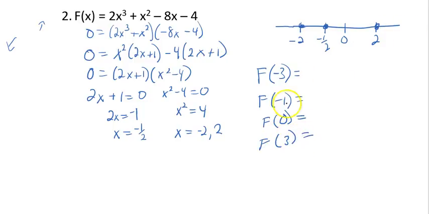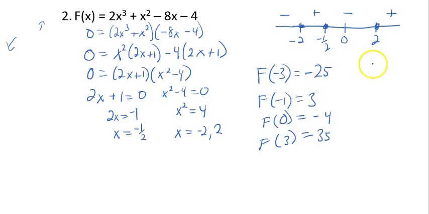I always like to choose easy numbers, but you can choose any number in that section. You could have chosen 1 in this -1/2 to 2 range. Okay, when I plug those in, I got these answers, which tells me before -2 I'm negative, between -2 and -1/2 I'm positive, between -1/2 and 2 I am negative, and then after 2 I am positive again.